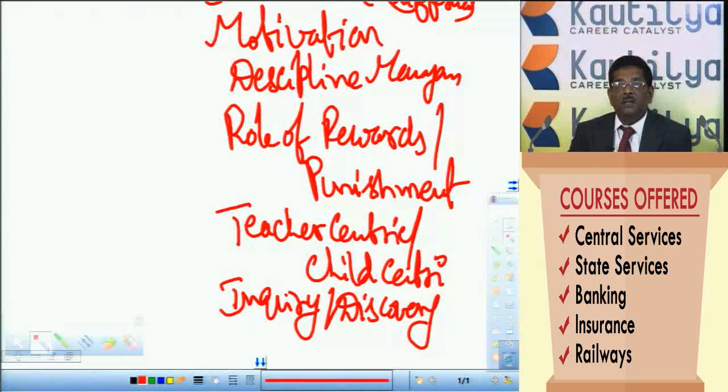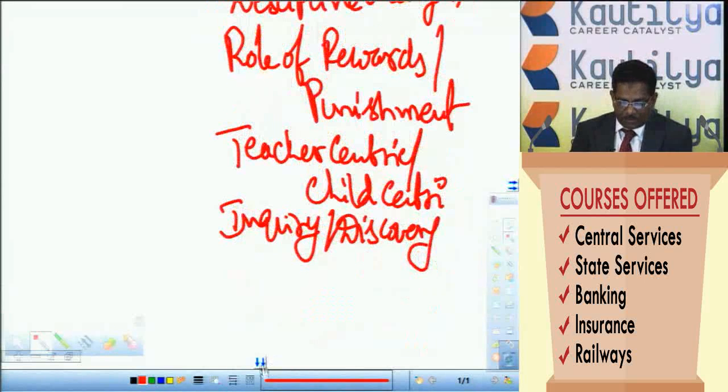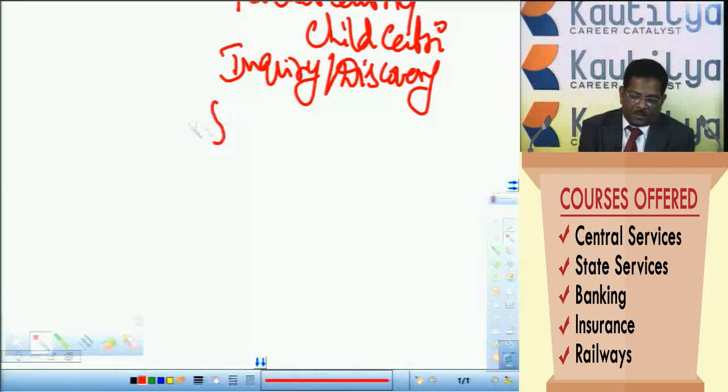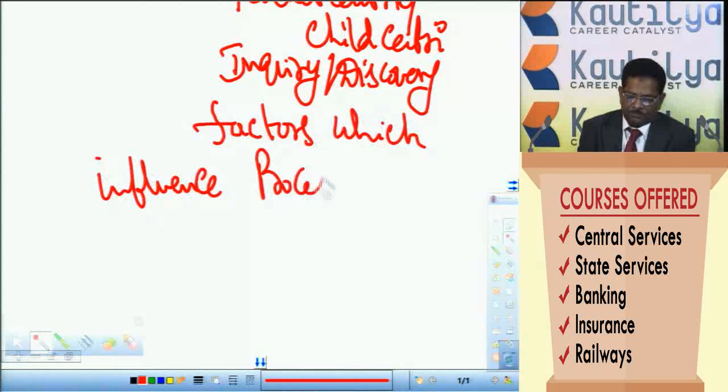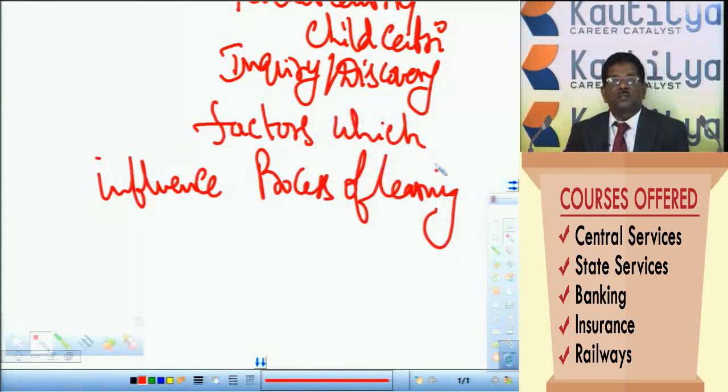And the major component also included in classroom management is the different factors which influence the process of learning.